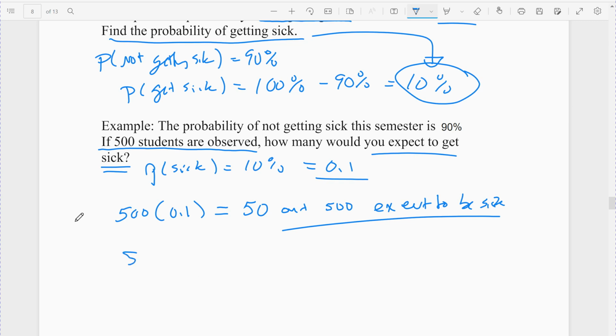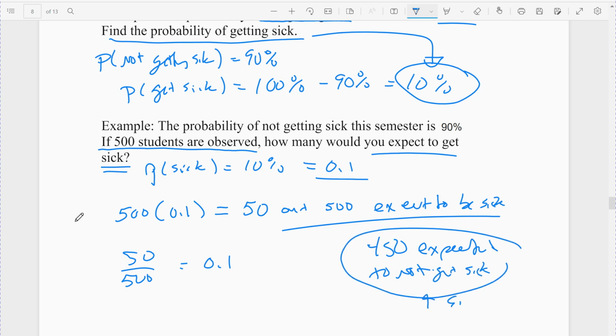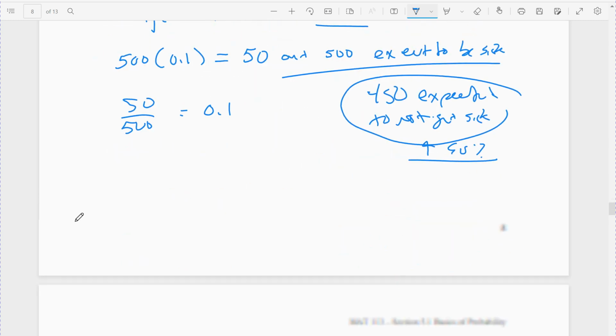And if you take 50 divided by 500, that comes out to 0.1, which is our 10%, which means, they didn't ask it, but that means 450 would be expected to not get sick. That would be the 90% who we would expect don't get sick. All right, next example.